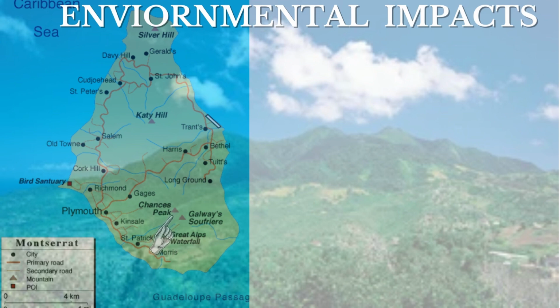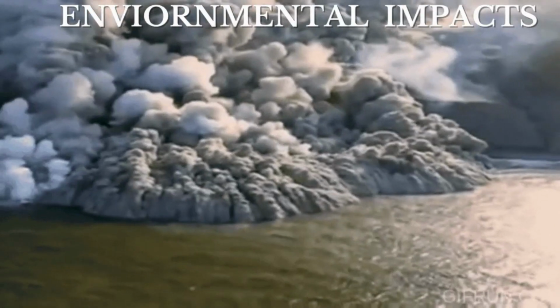Much of the forest in the south was also destroyed, killing many wildlife in the process. A number of freshwater bodies were also polluted as a result of the eruption.